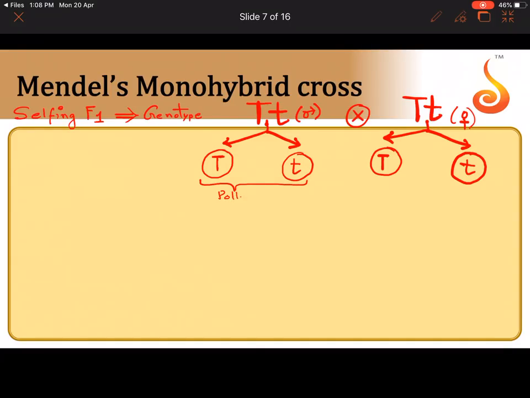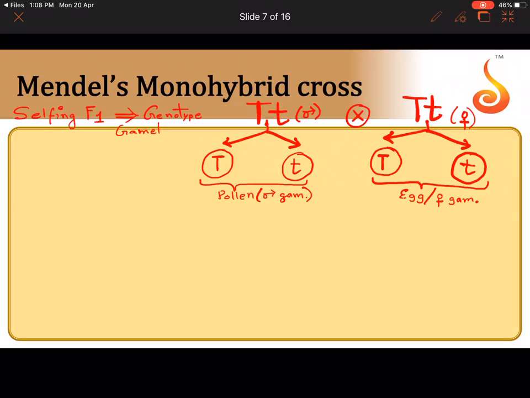This is the pollen which carry the male gamete, and this is the egg. Egg is nothing but the female gamete. So can you see both of them have produced two different types of gametes? Now before that I have to write here very clearly again gametogenesis. How did the gametes come?